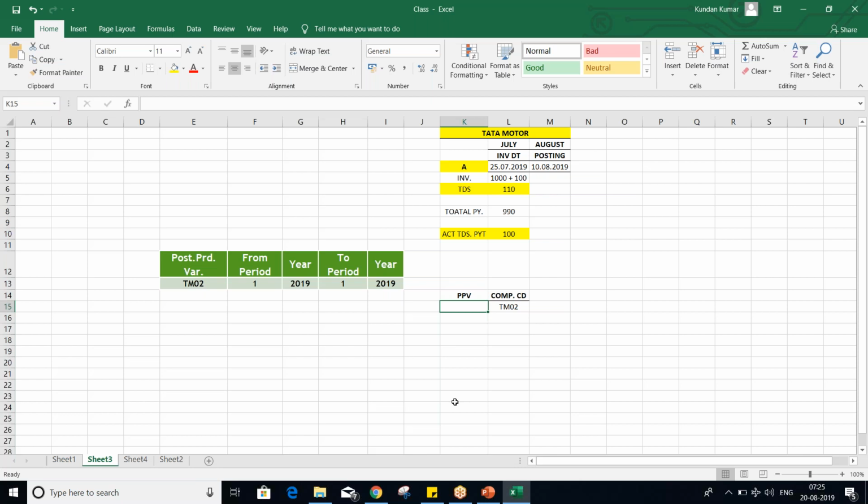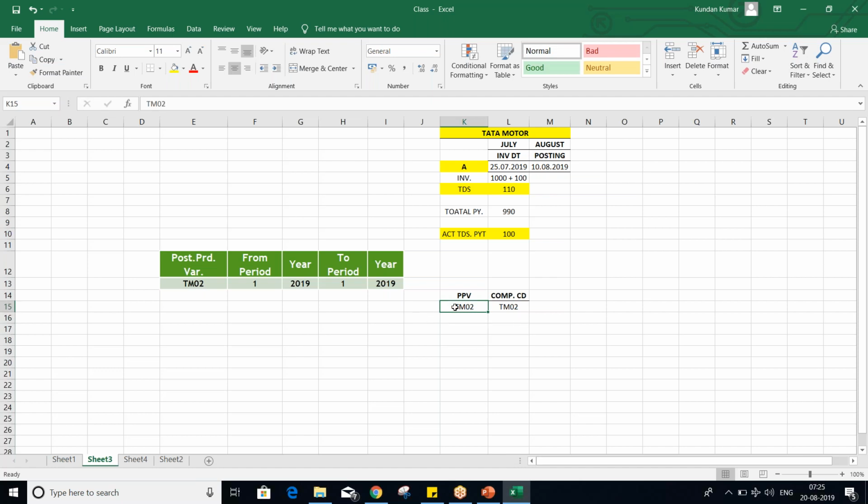I'll tell you guys, it is better to define it with the same code so that it is quite easy to remember. Or else every time we'll forget what posting period code I have given, what field status variant code I have given, what chart of accounts code I have given. Later on these things will be covered. So for the posting period variant also I'm going to use the same code.